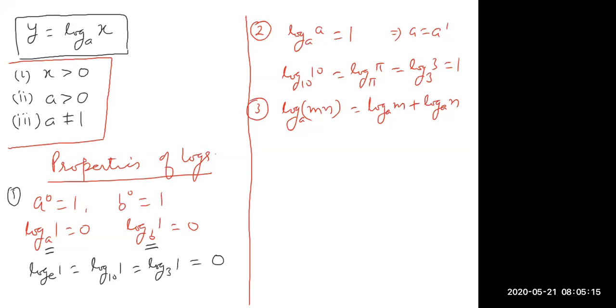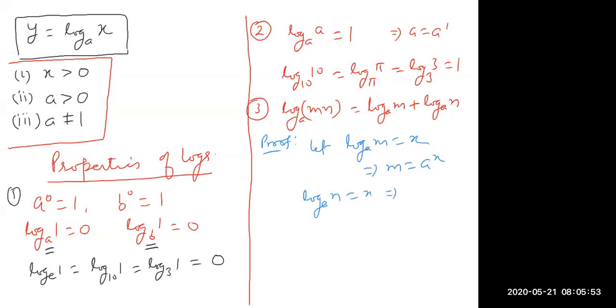In general, the proofs are not required, but if you are interested, I will give one or two proofs. Okay, how these proofs come. So in the proof of this, let log_a m is equal to x, so from here you will get m is equal to a raised to power x, and log_a n is equal to y.